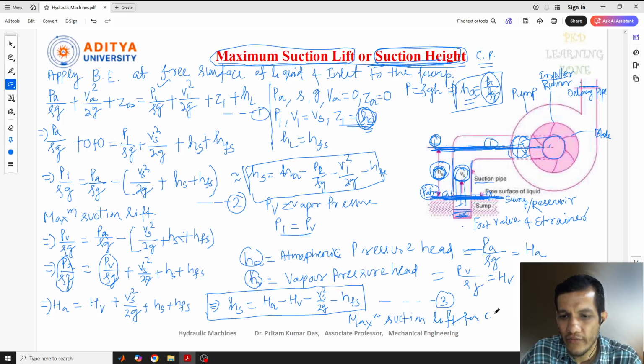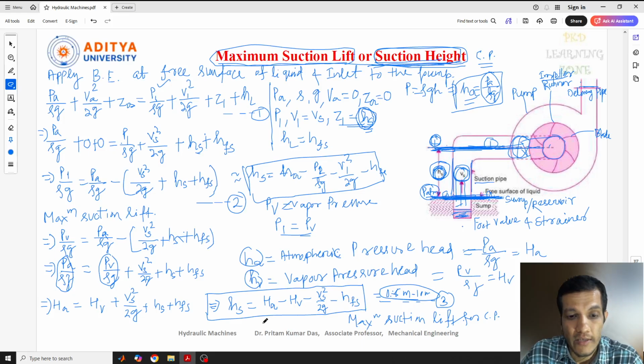The suction height of the pump should not be more than this value. Suppose we get some value like 0.8 meter, or suppose 10 meter. The suction height of any kind of pump should not be more than the value we got from this equation.